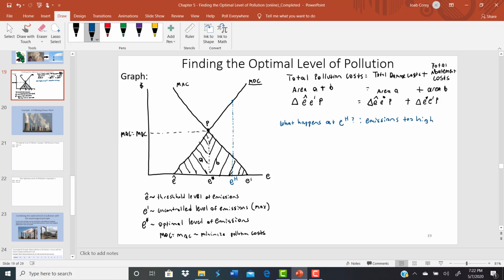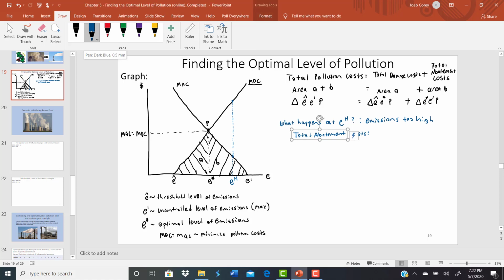Right. So if we're trying to figure out what the abatement costs are here when we're at EH, then you have to look at the area under the marginal abatement cost curve, which in this case is going to be this area here.